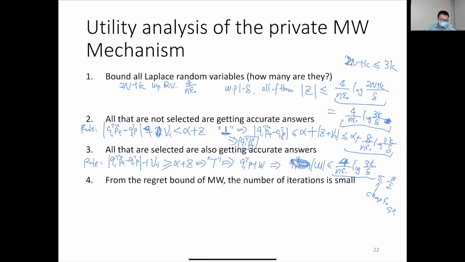Okay, and next we will need to check that the total number of times we run multiplicative weights is also somewhat small by looking at the regret bound, right? So now let's look at the regret bound.